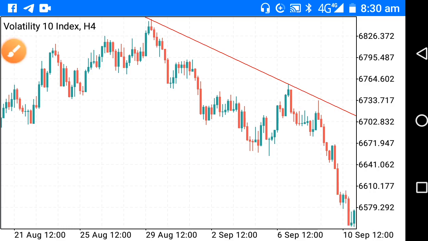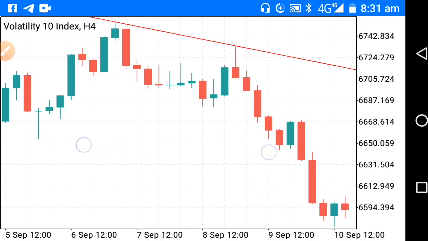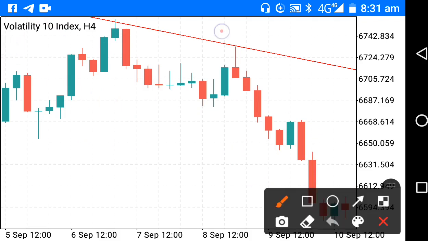So let's see how we could have taken this trade. Now, from what you can see here, what is this candlestick pattern that touched the trend line? Is that not a shooting star again?